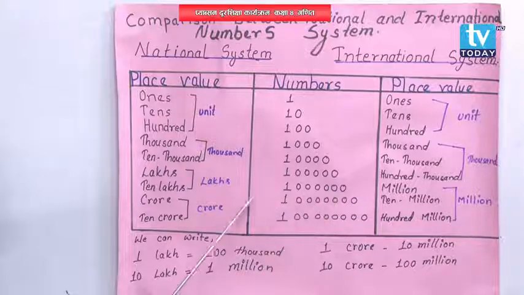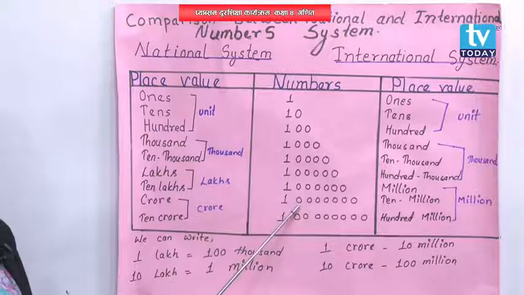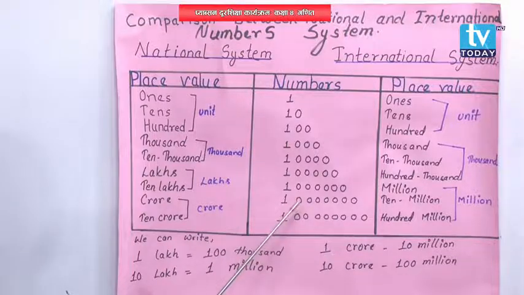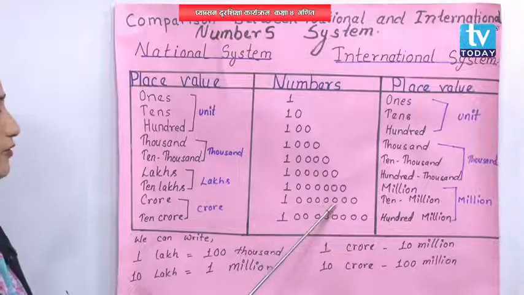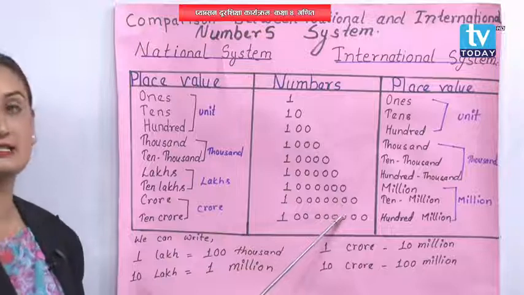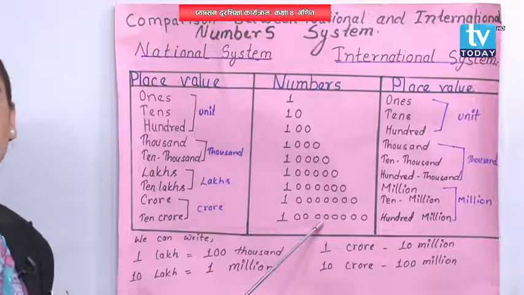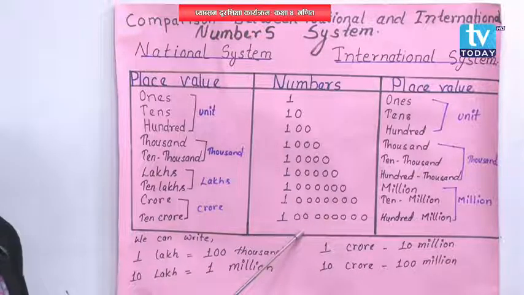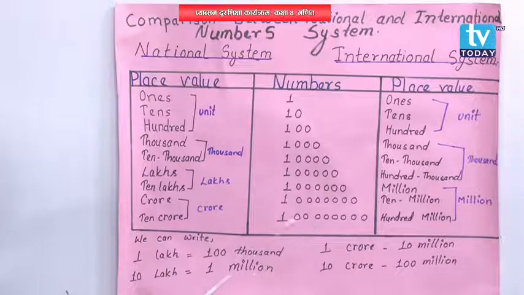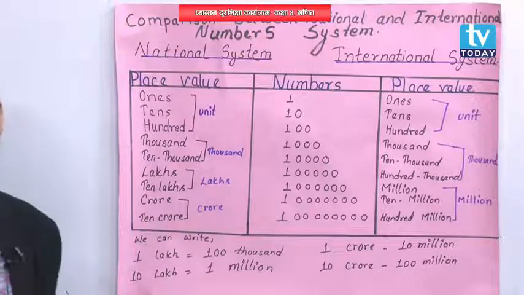Now next is crore. How many zeros will be there in crore? It's seven, right? Count to check whether it is correct: 1, 2, 3, 4, 5, 6, 7. Yes, it's right, seven zeros. Have you noted it in your notebook? Good. Now in 10 crore, how many zeros will be there?